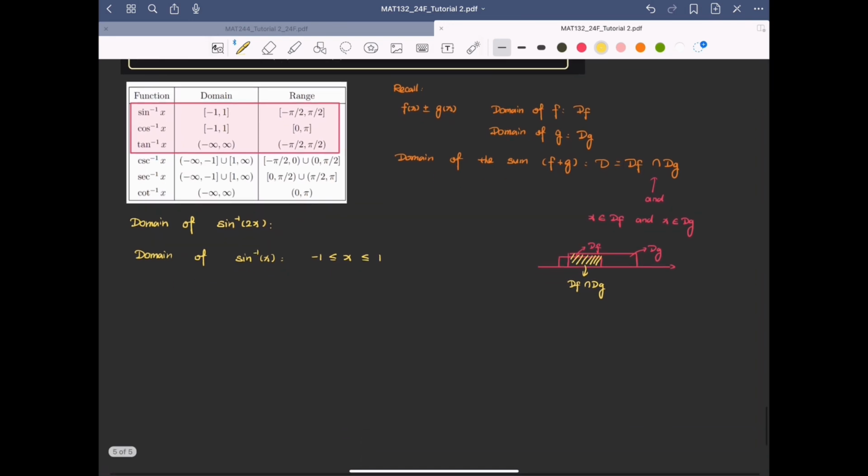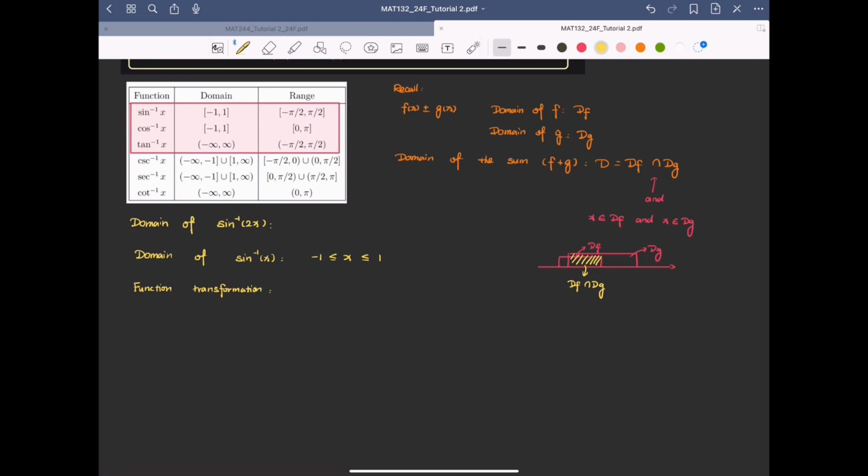And now instead of x, I have 2x. From function transformation, let me write it down, we know that this is a horizontal compression transformation.